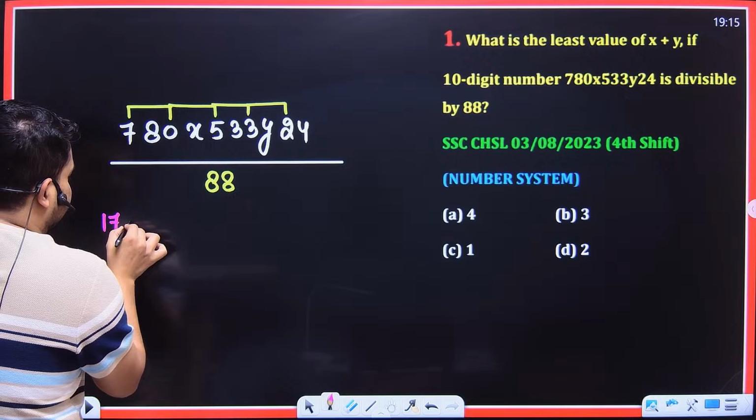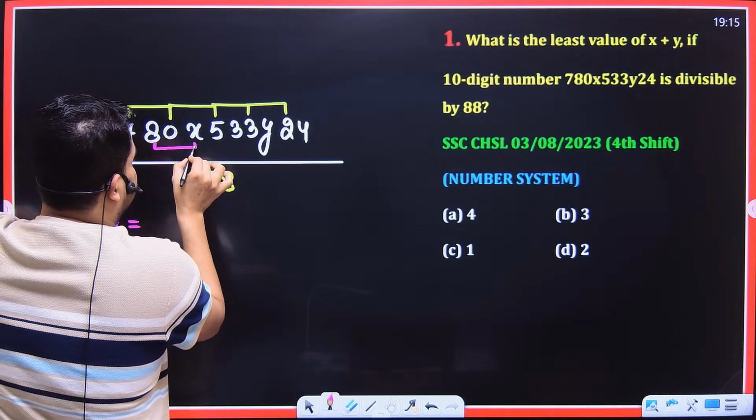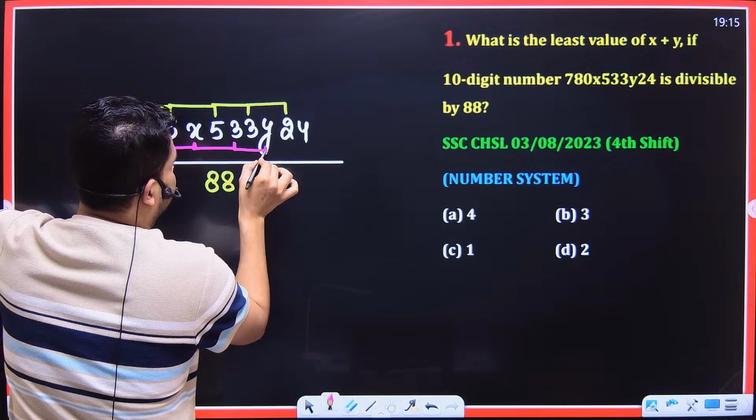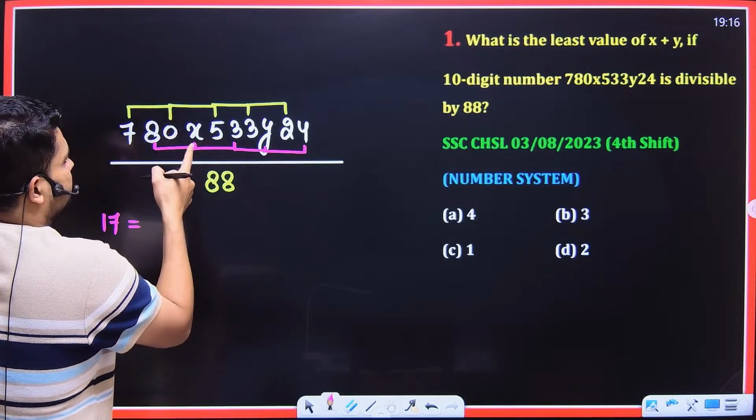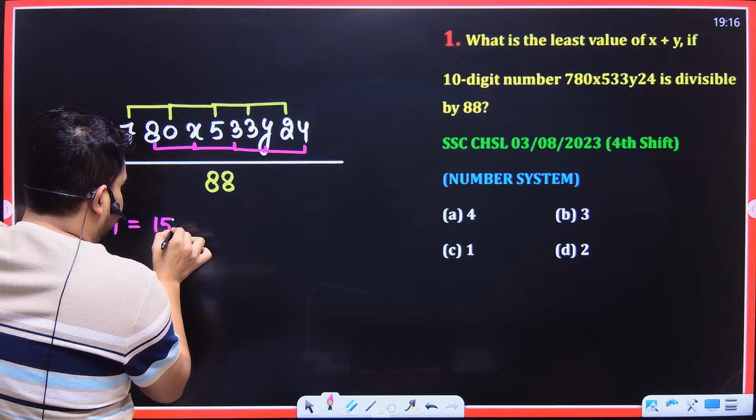For the other digits, 8, x, 3, y and 4: 8 plus 3 is 11, 11 plus 4 is 15, plus x plus y.